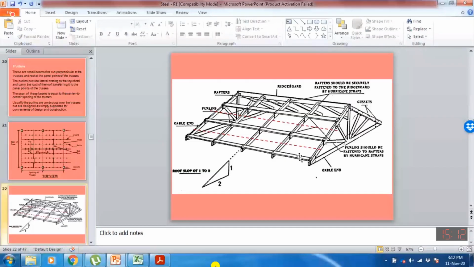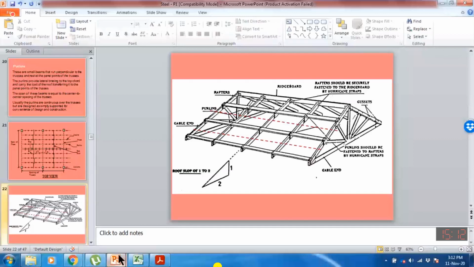Due to gravity load, the purlin tends to move in the downward direction. Due to lateral load, this purlin tends to move in the horizontal direction. Movement in the horizontal direction means bending about the y-axis. Movement of this purlin in the gravity direction means bending about the x-axis. So no sag rod is used, and the purlin is assumed to be simply supported between two trusses about the x-axis and also about the y-axis.